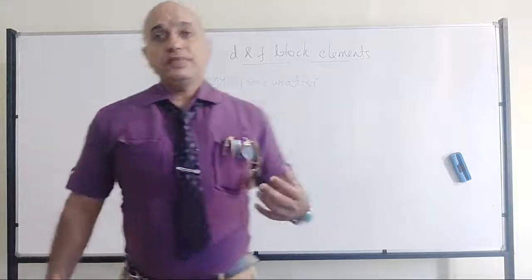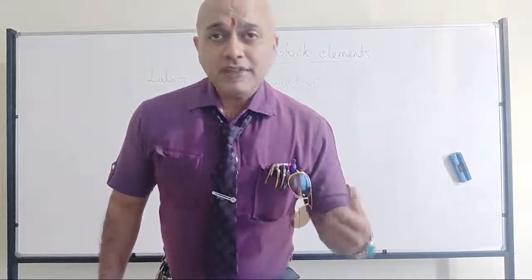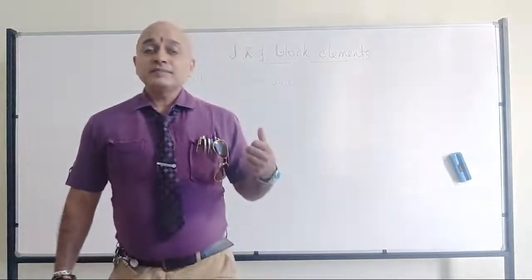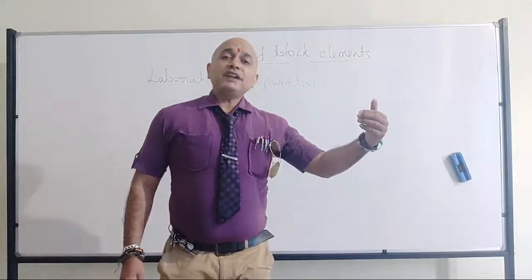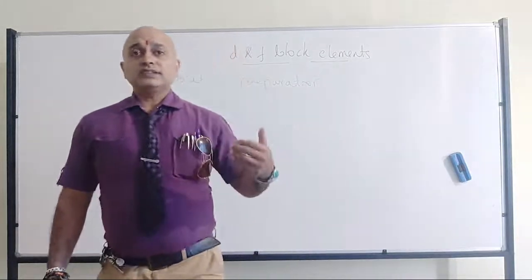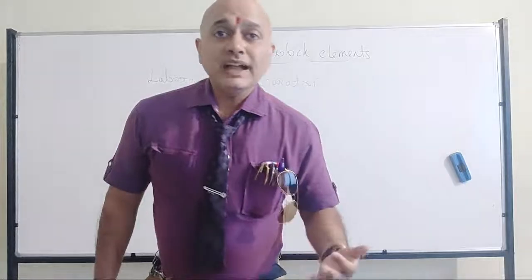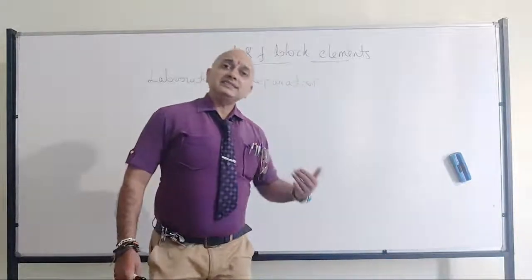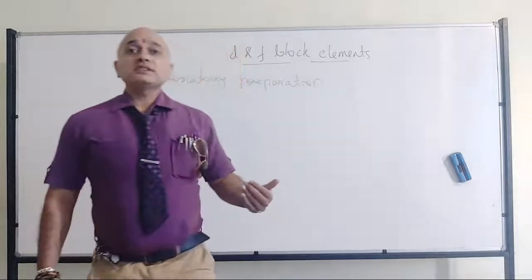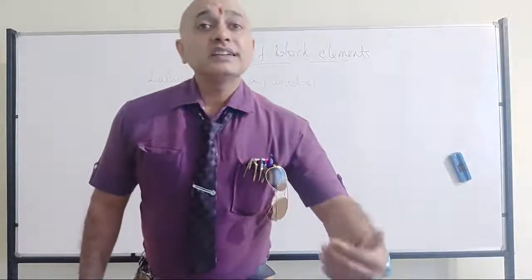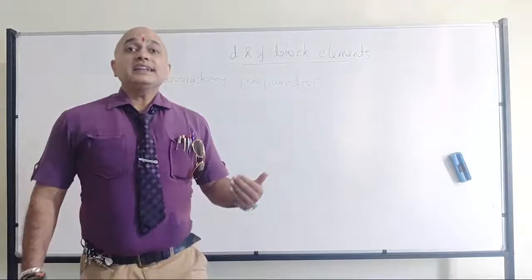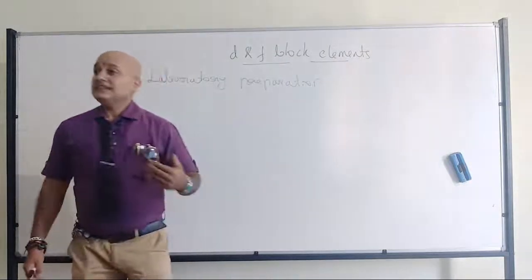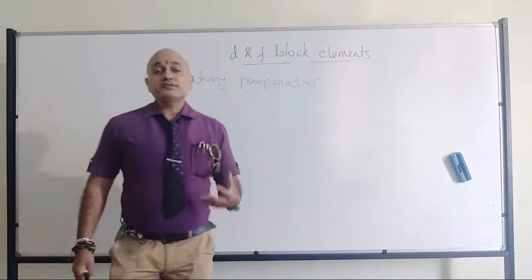It's a good question. So once again I will make it clear, his question here is, sir, in the first case we went with only potassium hydroxide and we were getting potassium manganate, but the same potassium manganate in the second case we are using in the presence of KNO3. What is the reason? The answer here is, we want to have the product, that is manganate, in a fused form.